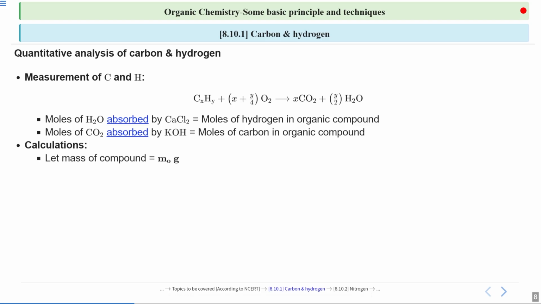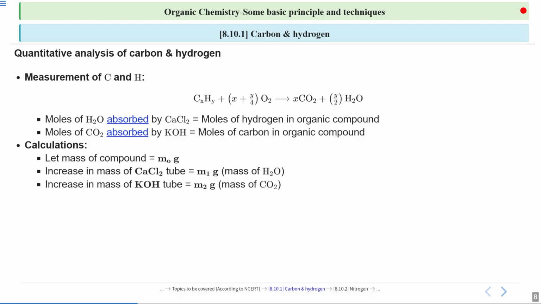So first we define the mass of the original compound we are analyzing. Let us call this m0 grams. Next we look at the increase in mass of the calcium chloride tube, which we will call m1 gram. This increase represents the mass of water produced, and from this we can find out how much hydrogen was in the original sample.